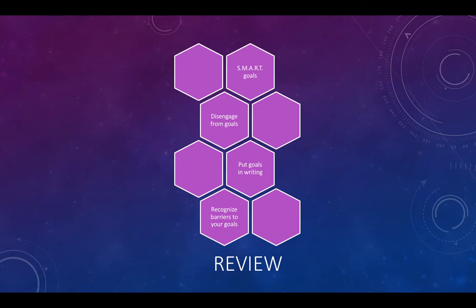But that leads into our next point. We want it to be realistic. What does that mean? It needs to be realistic to you. So if you work a third shift job, then getting in exercise during the day is probably going to be difficult for you. So you might want to do it when you get home after your shift before you go to bed. And then we want them to be time bound.